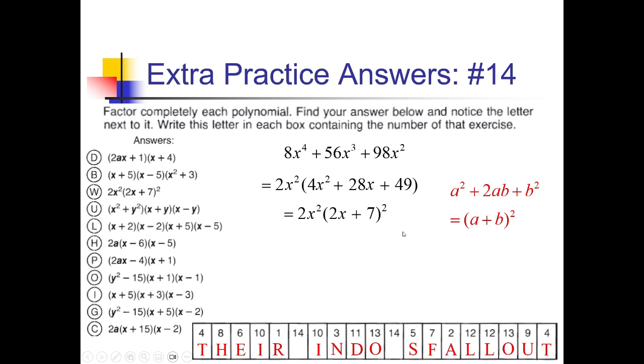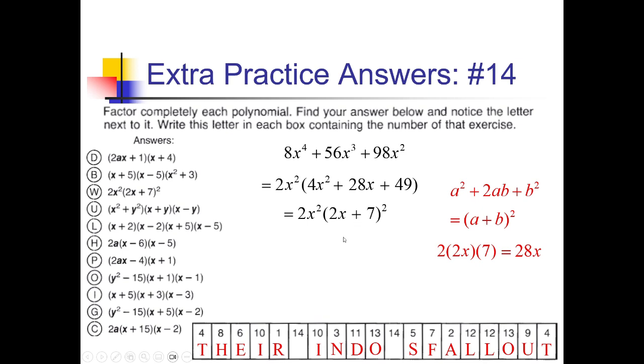But now let me multiply 2 times 2x times 7 together to make sure I really do have this 2ab situation going on here. 2 times 2x is 4x. 4x times 7 is 28x. That lines up with what we had here, so this is actually the correct factorization. Saved a whole bunch of time on AC method there.